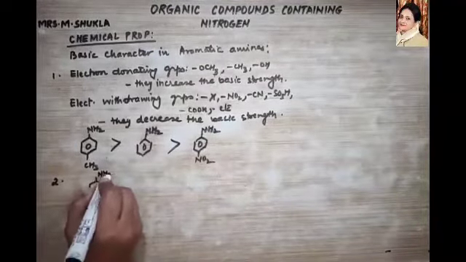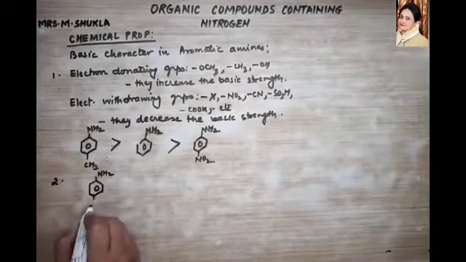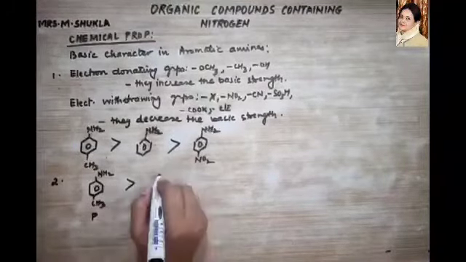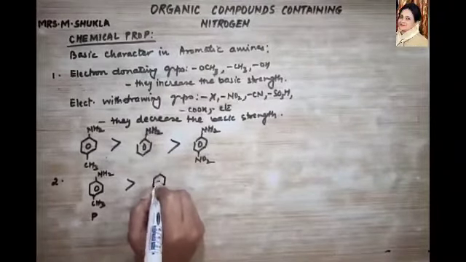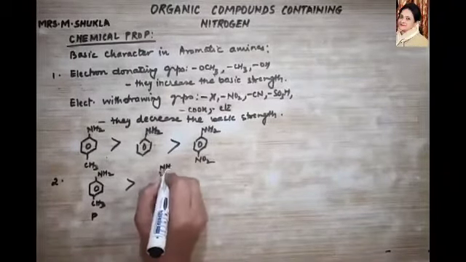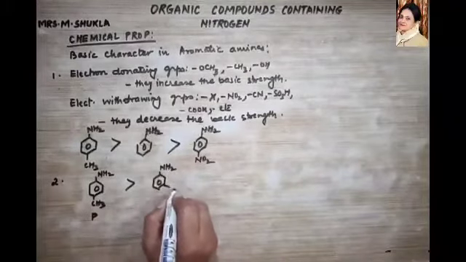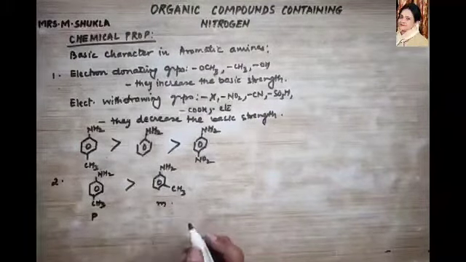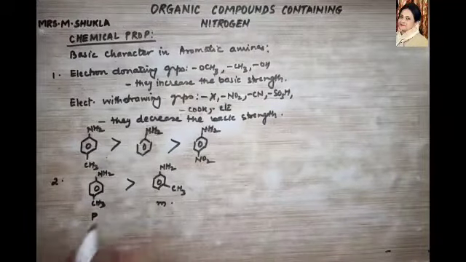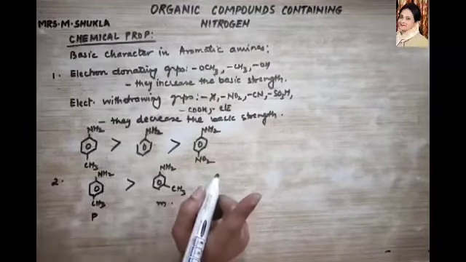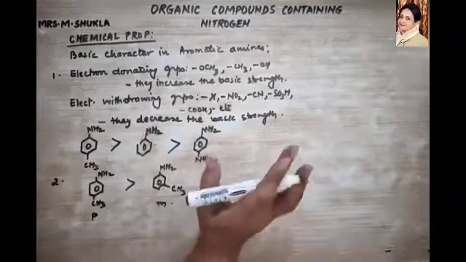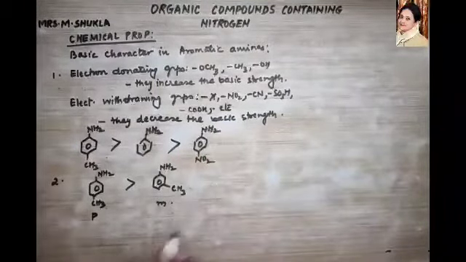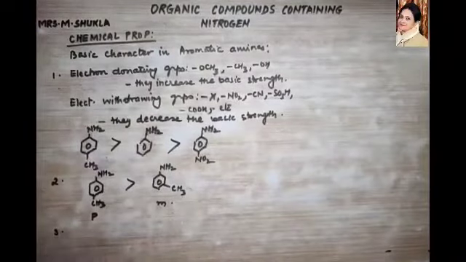So look at this: at the para position, this will be more basic than the one attached at the meta place. Is that clear? Then remember, every ortho substituted aniline will always be less basic than aniline.